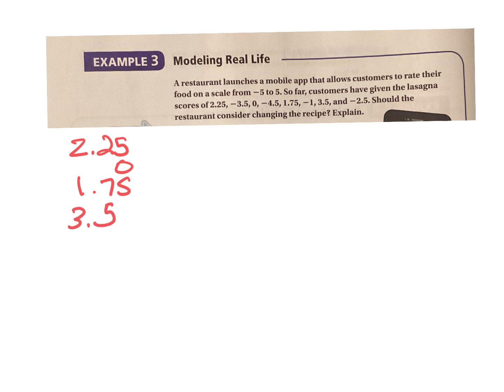I'm going to put all the negatives: -3.5, -4.5, -1, and -2.5. So it looks like there's 4 positives, 0 is neither positive nor negative, but I'm going to put it in the positive. So 4 that way and 4 the other way.